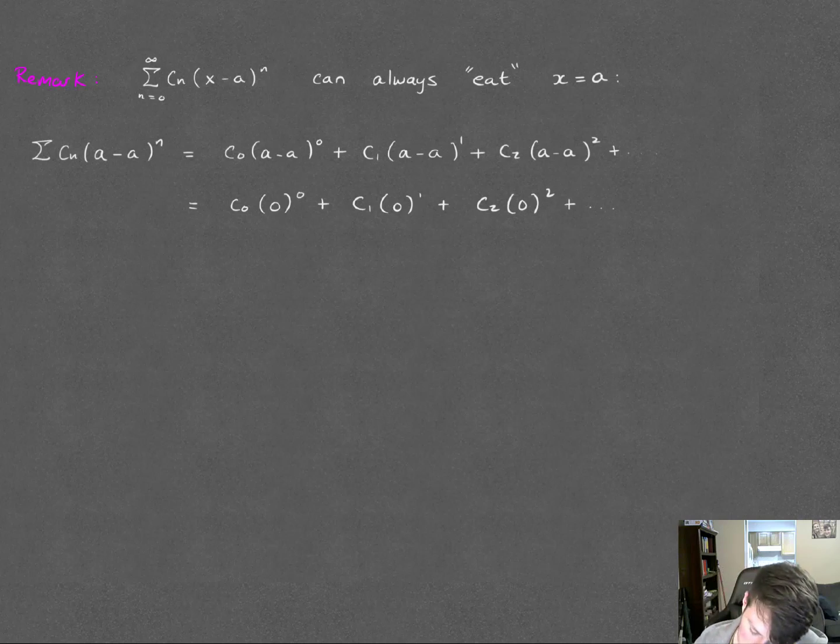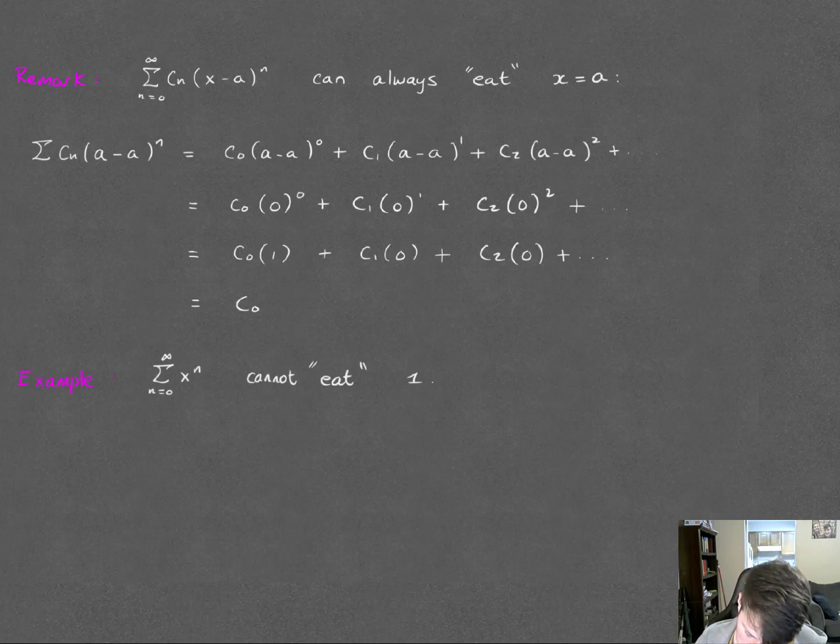And then 0 to any power is going to be 0 except for 0 to 0. 0 to 0 is 1. So the only term that survives is c_0. In particular, whenever you feed this power series a, you always just get the first term c_0. So a power series centered at a can always eat a.